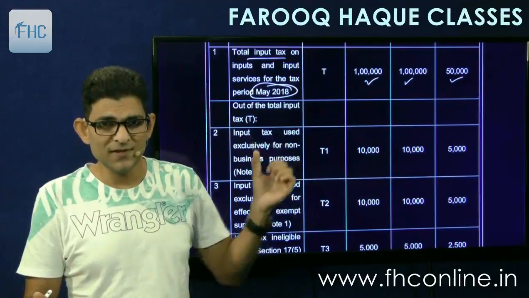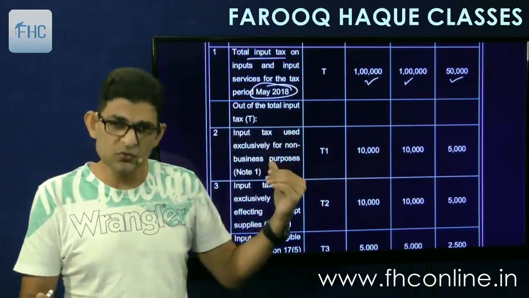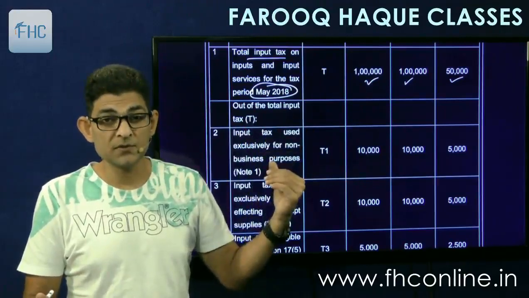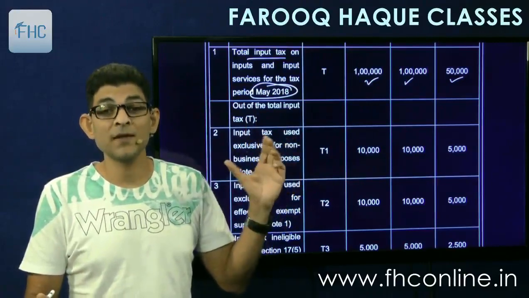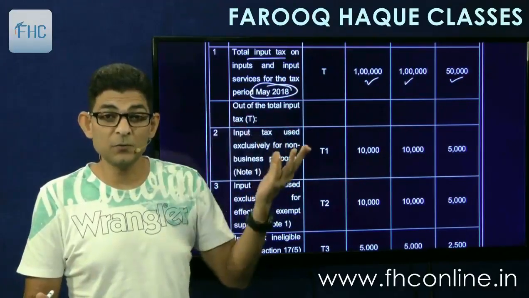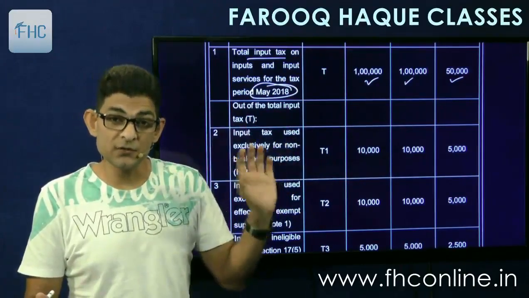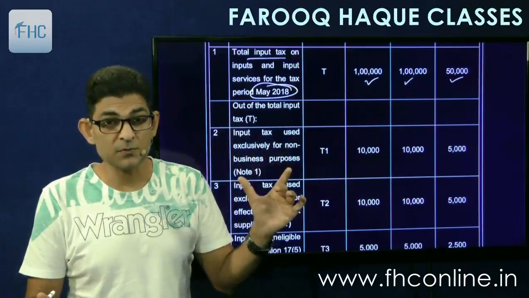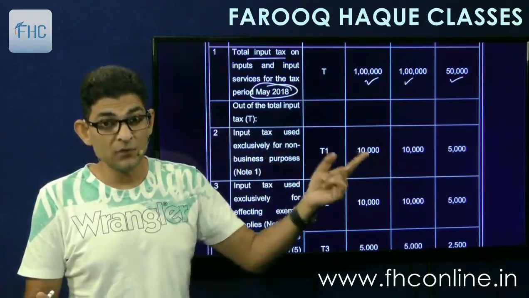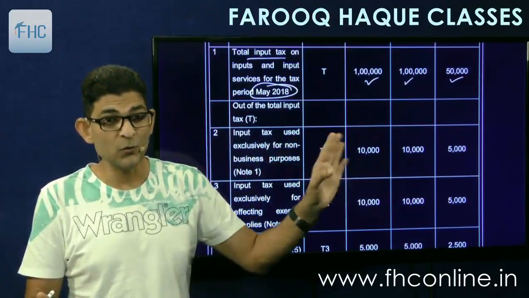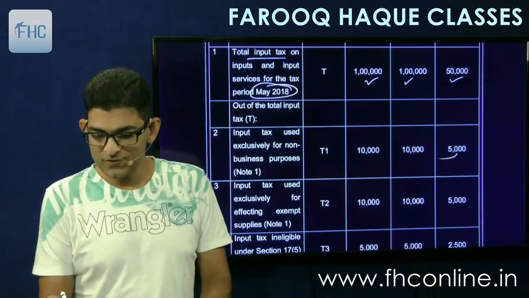I mean to say input tax relating to inputs used for non-business purpose. So I have shortened the sentence. Input tax in respect of inputs which are used exclusively for non-business purpose. So this is called as T1. Will you get credit of this? No, no credit. So just write down here, no ITC.